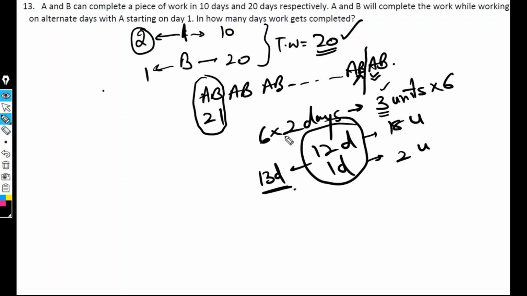Vamshi, Saurabh, Anubhav, Rahul, is it clear? No issues. Okay, then let's move ahead.